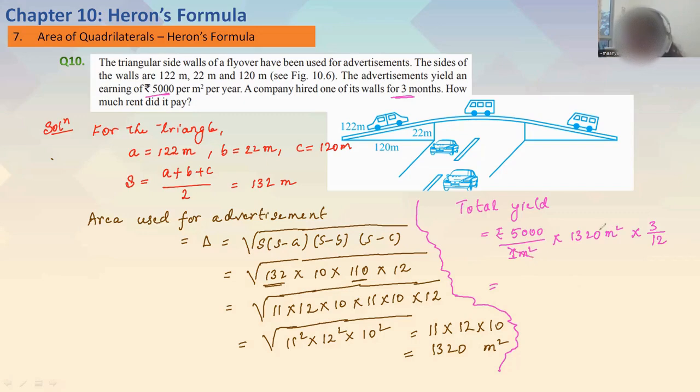Now you can see that meter square would be cancelled out. Only rupees will be left for a unit, right? So 1250 into 5, 125 into 1.